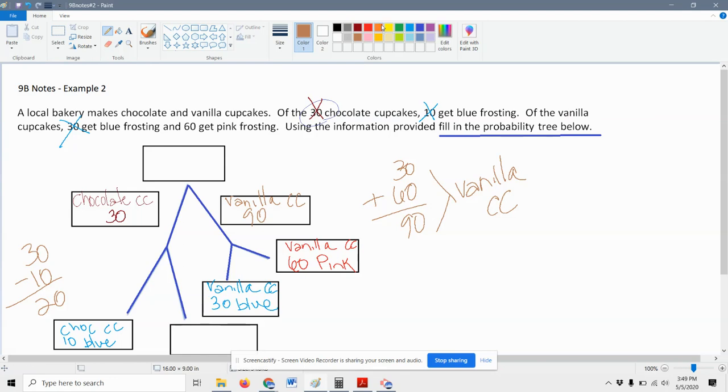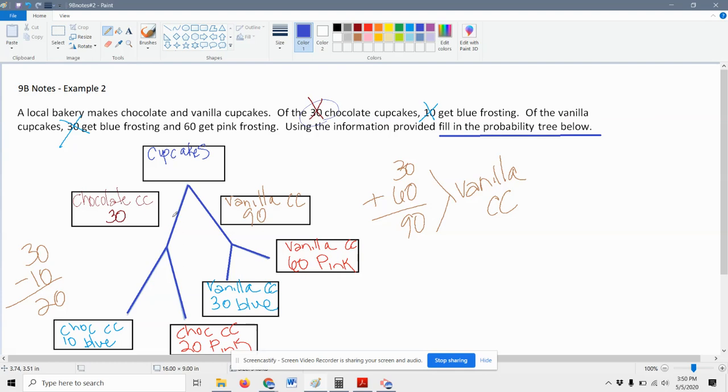So we know here that these are still chocolate cupcakes, but these are 20 that are painted pink. So what do we put up here? Well, up there at the top, we're talking about cupcakes, the chocolate ones and the vanilla ones. So these are all just cupcakes, okay?